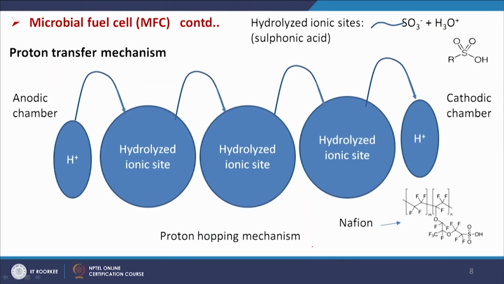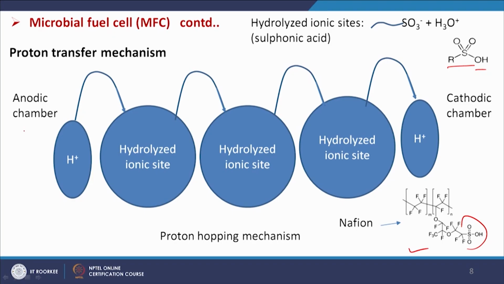Now, we will see how the hydrogen is transferred. We have one membrane through which the hydrogen is transferred. The most used membrane is Nafion, and this is the structure of Nafion. From this structure, the common group is the R-SO3H group, the sulfonic acid group, which is very important and is the major part for the transfer of H plus ion.